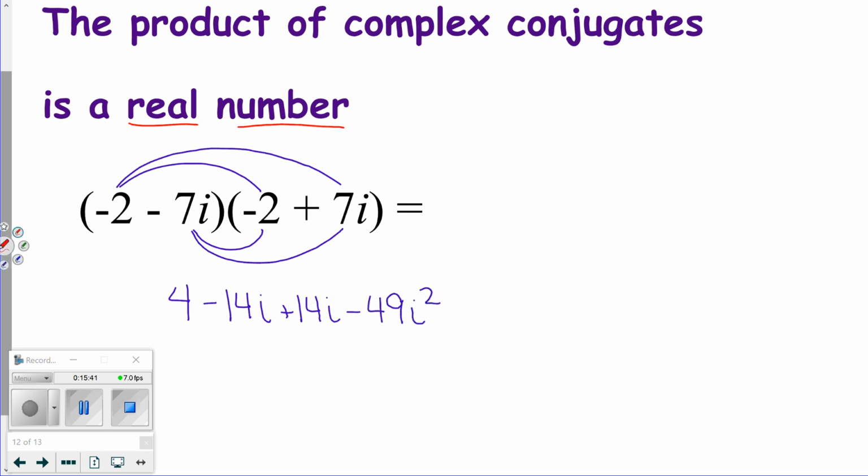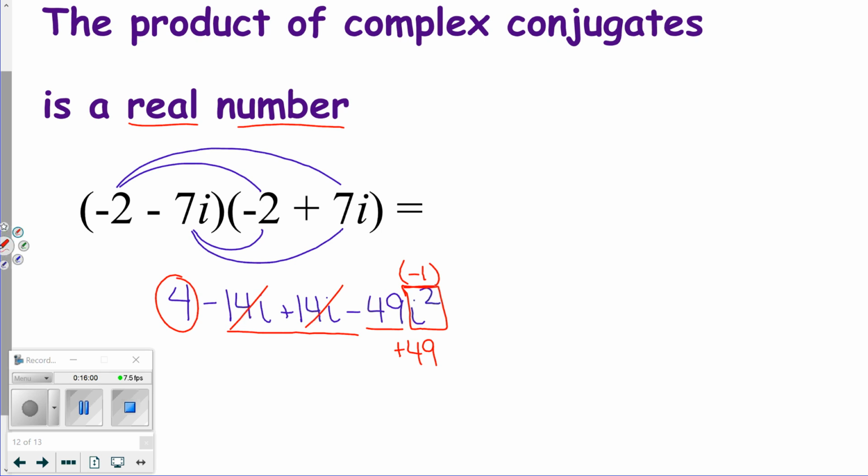All right, cleaning this up then, my like terms in the middle, negative 14i plus 14i, will actually cancel out. i squared is going to be replaced with negative 1. So negative 49 times negative 1 is a positive 49.